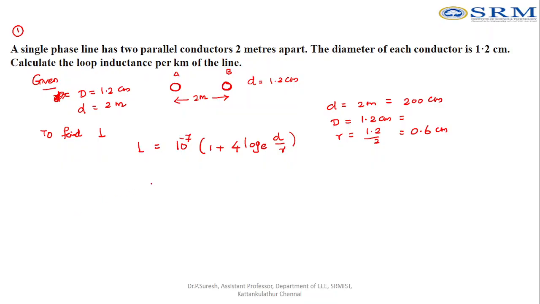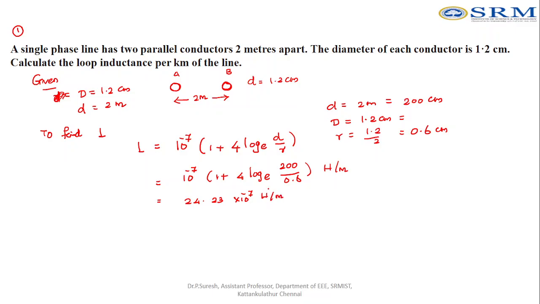We substitute the values: 10 power minus 7 into (1 plus 4 natural log of 200 by 0.6) henries per meter. After calculating, the L value is found to be 24.23 into 10 power minus 7 henries per meter.